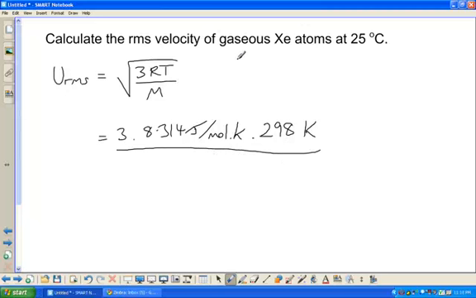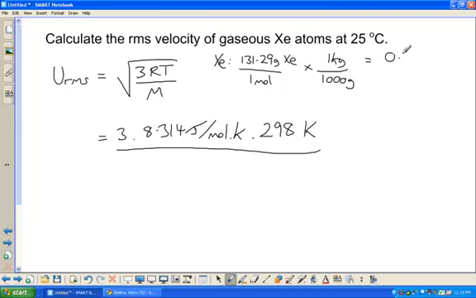Xenon, the first thing to understand about xenon is it's a noble gas, so it's not diatomic or anything, it exists by itself as one single atom, a monatomic gas. So when we talk about xenon, we know from the periodic table that 1 mole of xenon weighs 131.29 grams. But we have to have our molar mass here in kilograms per mole, not grams. So we've got to convert our grams into kilograms, just using this conversion factor here.